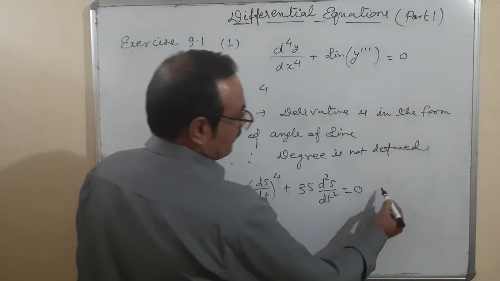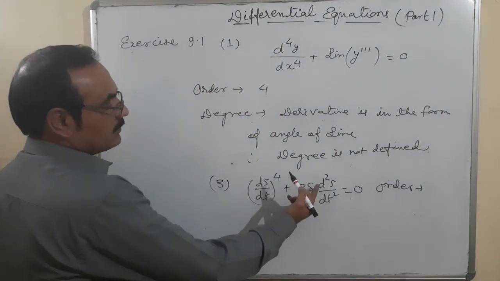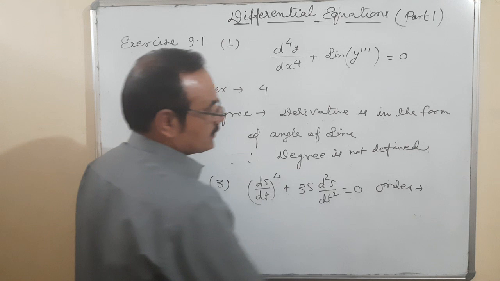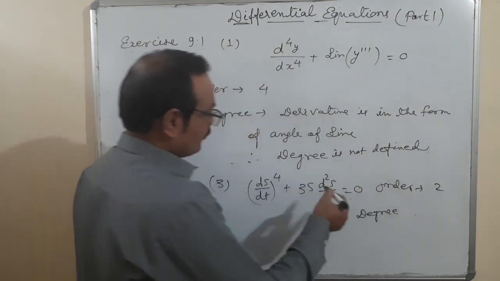Order: the highest order derivative is d2s, the second derivative, so order is 2. Degree: is it a polynomial, yes or no?